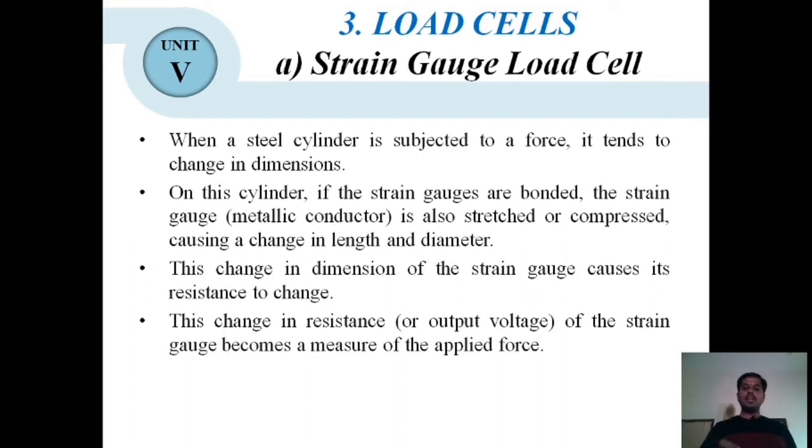This change in dimension of the strain gauge causes its resistance to change, and this change in resistance is the measure of our applied force. The change in resistance is directly proportional to the applied force, so we get the output in terms of voltage.